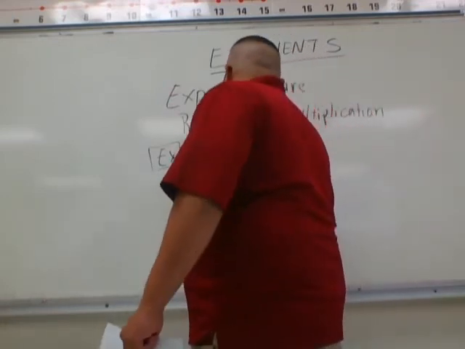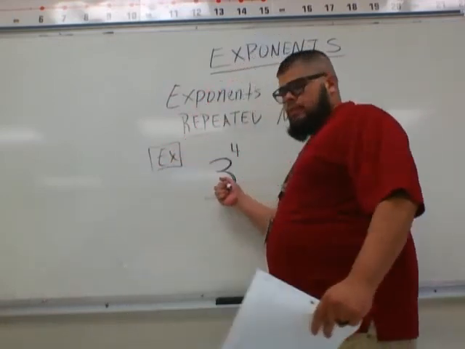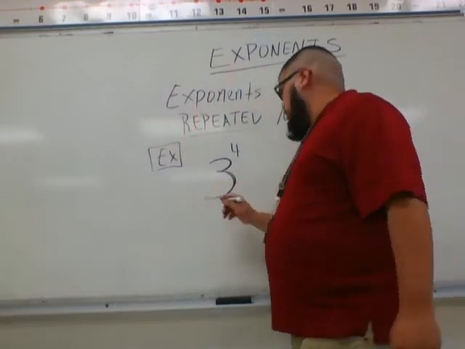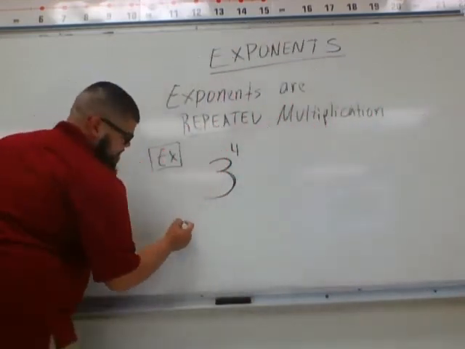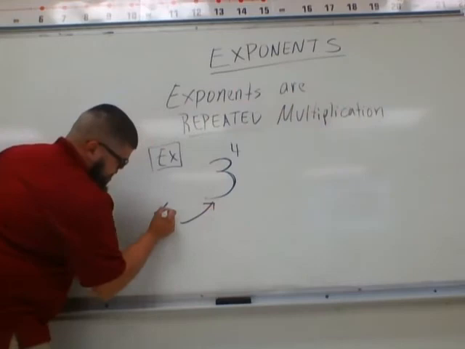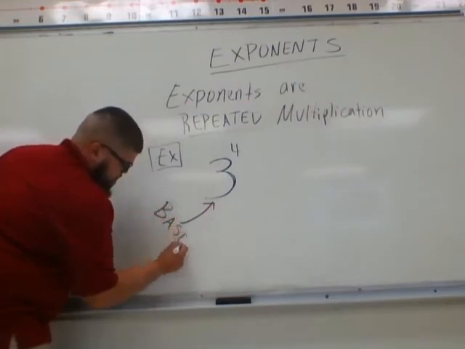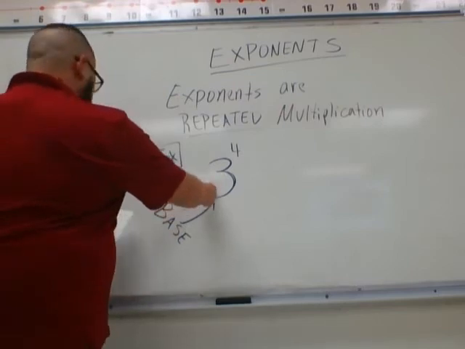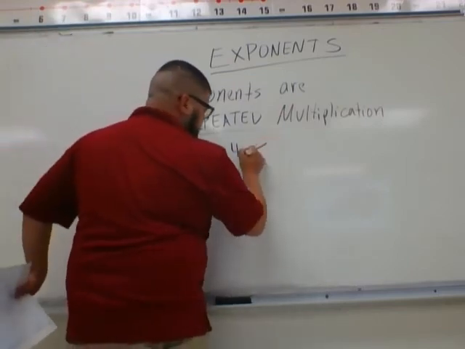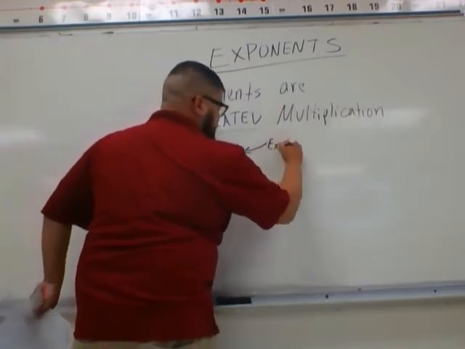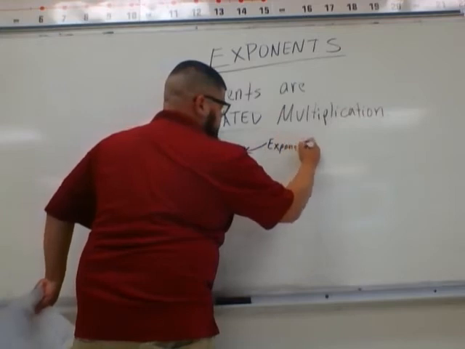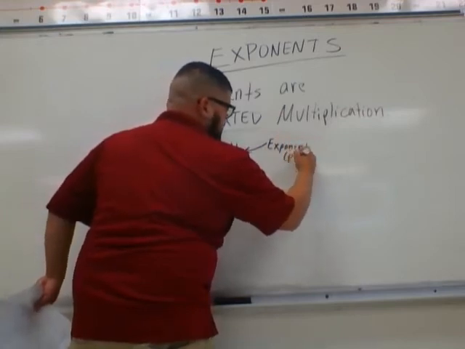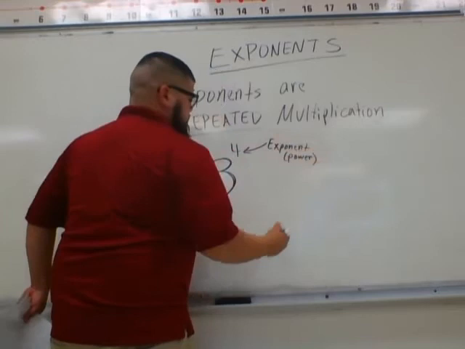So, we have this big number, and we call this big number the base. This big number is the base, and this small tiny number is the exponent. We also call it the power. Okay?